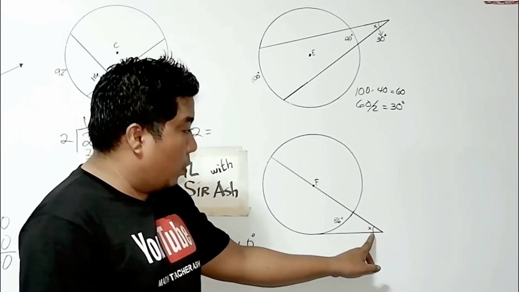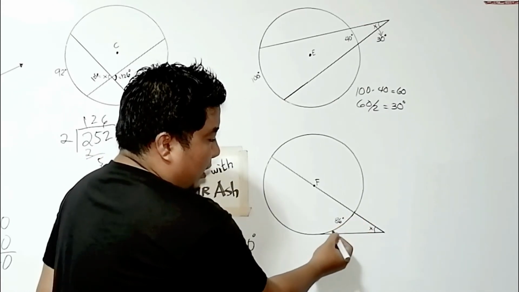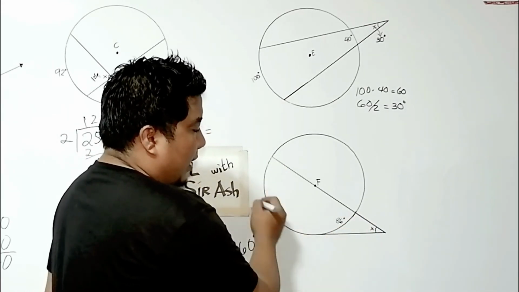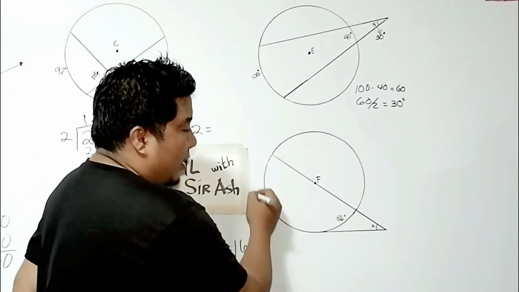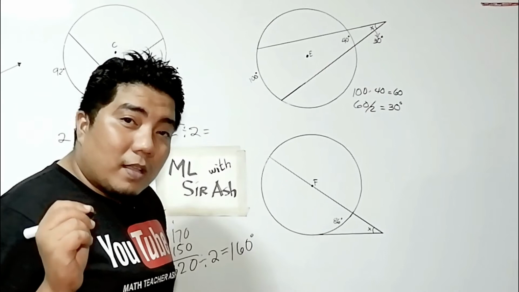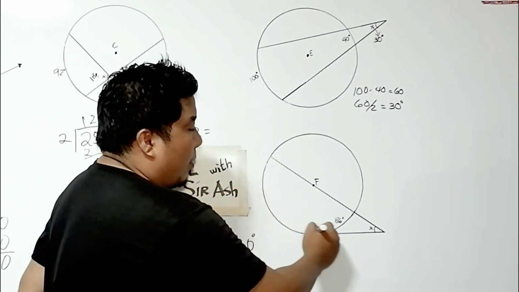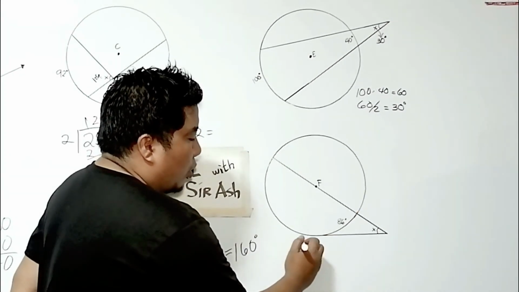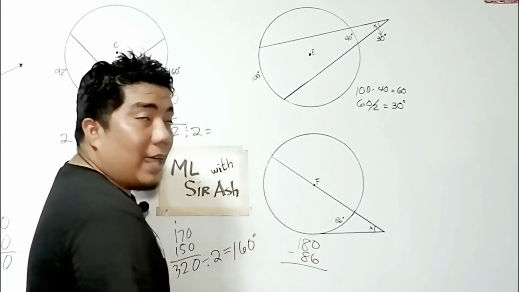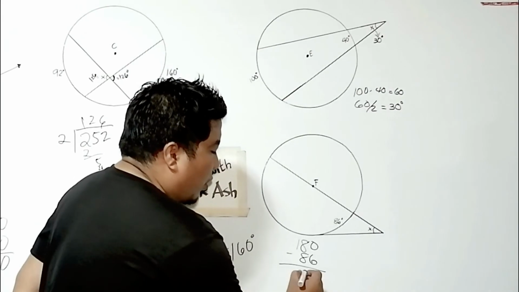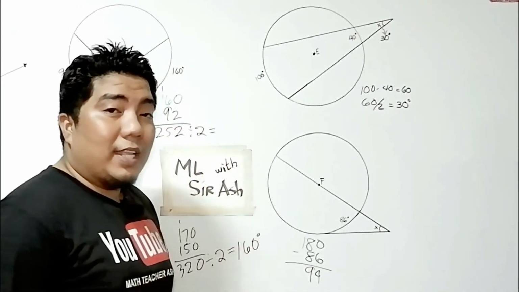Okay? So, we have our first arc that is here, but the second arc is not given. So basically, if you have 86 here, you just need to get the remaining angle measure for it to become a 180 degree angle. So that is 180 minus 86, and that will give you, of course, 94 degrees.